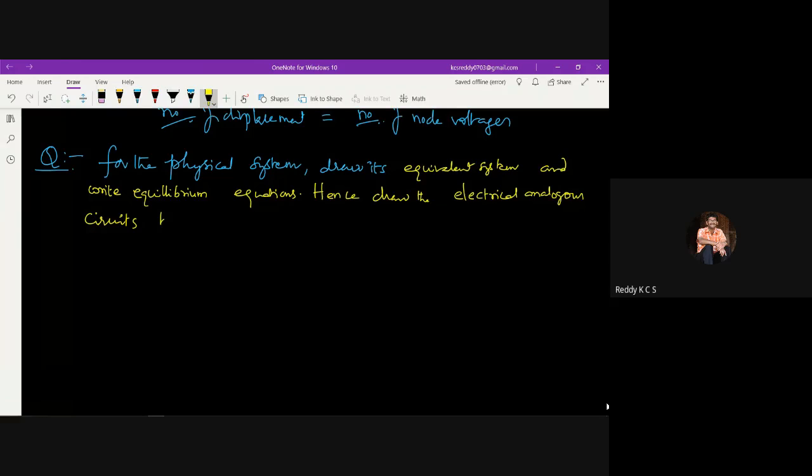Based on the first one, say the force voltage analogy, then the second one, say the force current analogy, right? So in this, the figure we need to draw first, right?